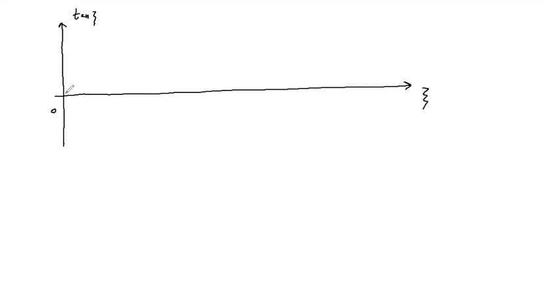Tangent is 0 at 0, at pi, at 2 pi, and so on. Tangent is infinite at pi over 2, at 3 pi over 2, and so on. So then my tangent function looks like this.